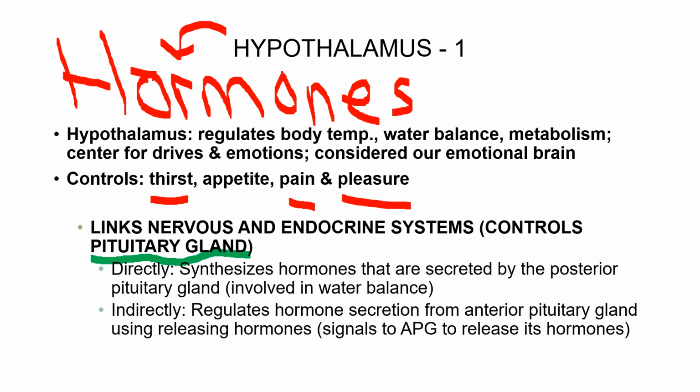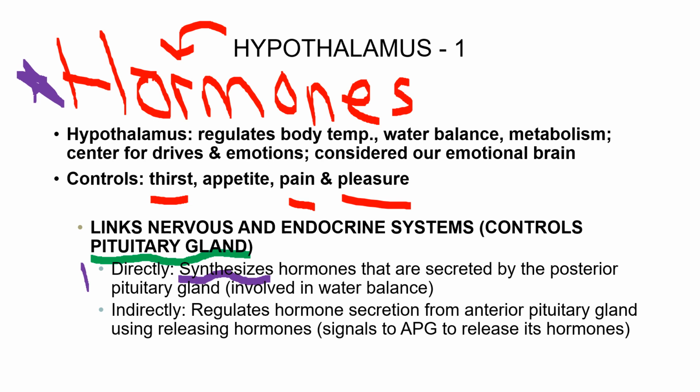And how do we grow facial hair and armpit hair and all that stuff? Well, there's two mechanisms. There is a direct route, and that just means that the hypothalamus makes the hormones, right? If it's the capital of hormone land, it makes sense that the hypothalamus actually synthesizes some hormones. And those hormones regulate other hormones elsewhere in the body.